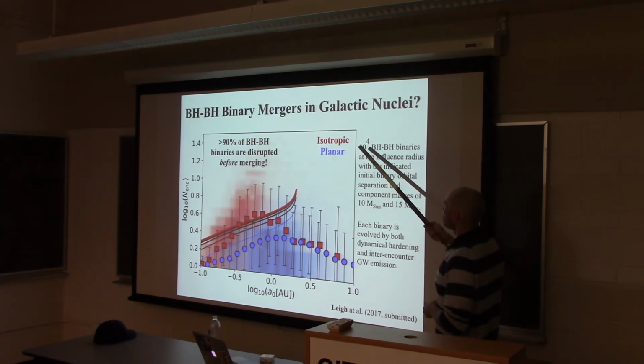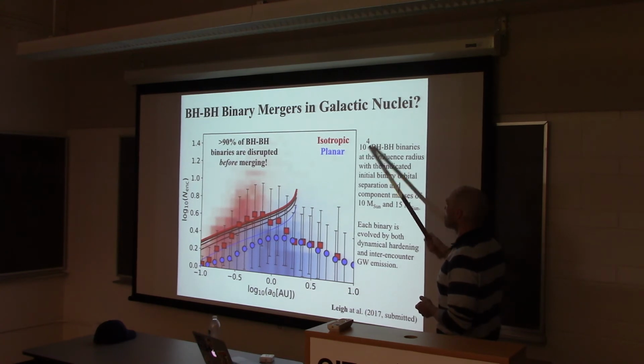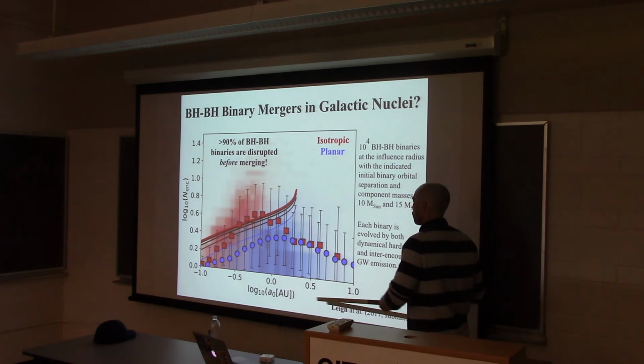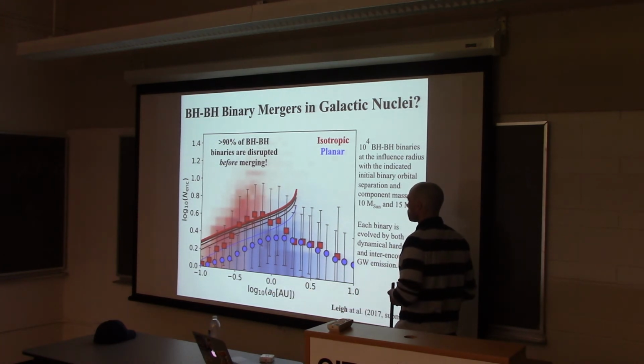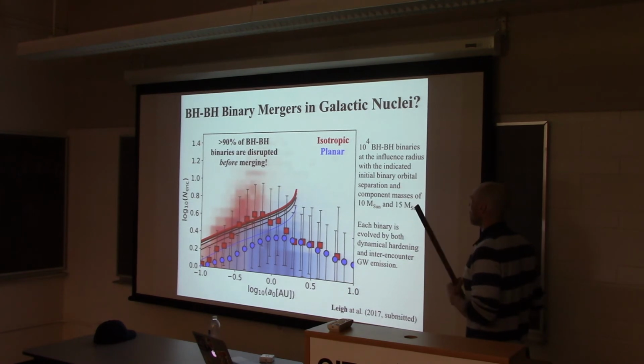Then we can simply calculate analytically what the outcome of each of these three-body scattering interactions is. In between each scattering interaction, we just use the Peters formula to calculate the effects of gravitational wave emission on reducing the orbital separation and eccentricity of the black hole binaries. And so we take 10,000 of these with various initial orbital separations. The masses of the components are 10 solar masses and 15 solar masses.